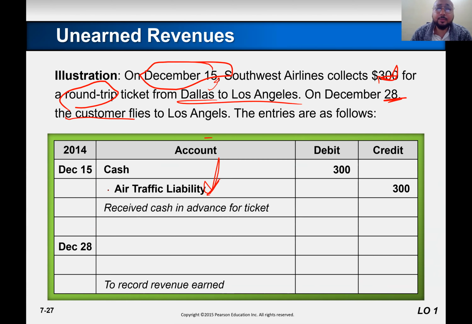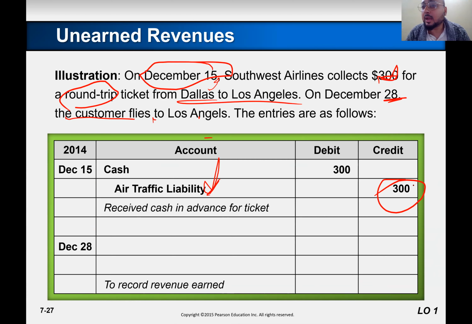On 28th of December, the customer flies from Dallas to Los Angeles, but this is a round ticket. He also needs to fly from Los Angeles back to Dallas. So on the 28th, how much service have you provided? 50%, so $150 you are eligible to record out of this liability.